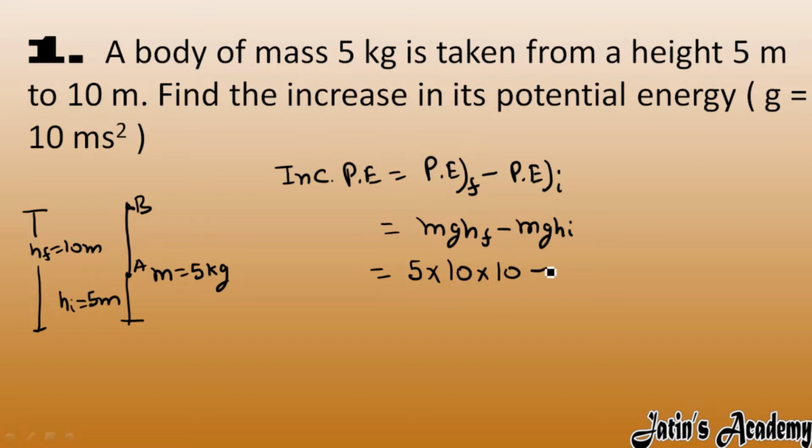And next, mass is 5 kg again, g value 10, and initial height is 5 meter. So here we got 500 minus 250, that is 250 joule. So the increase in potential energy is 250 joule.